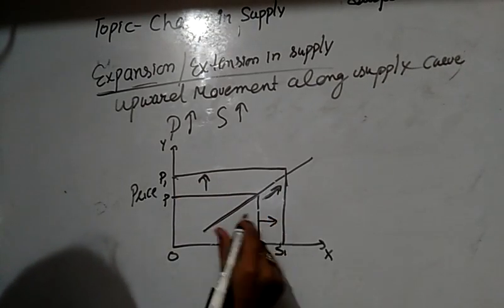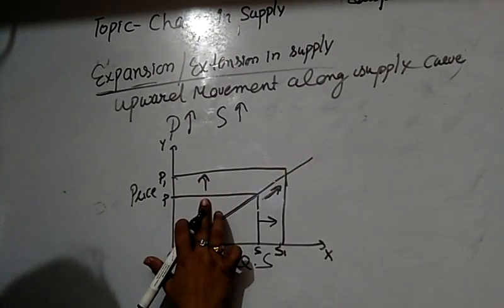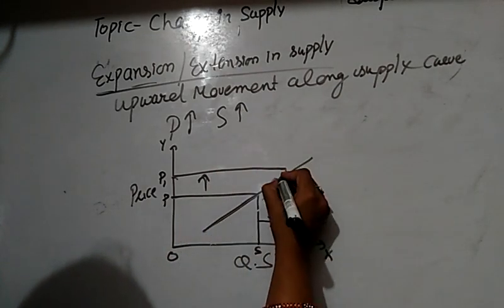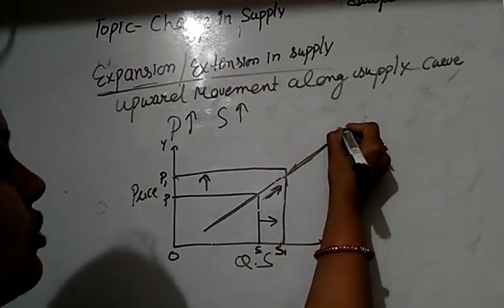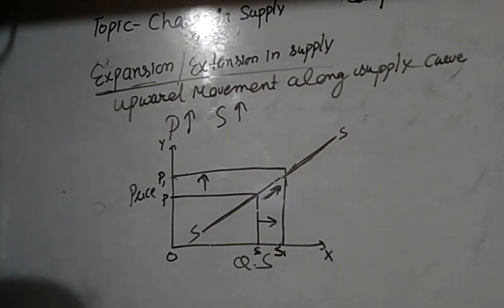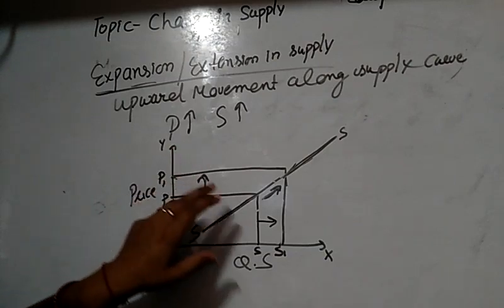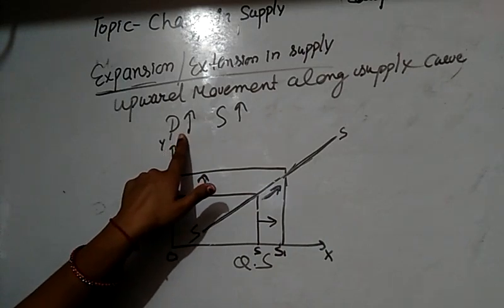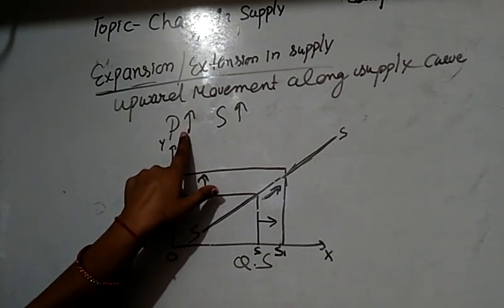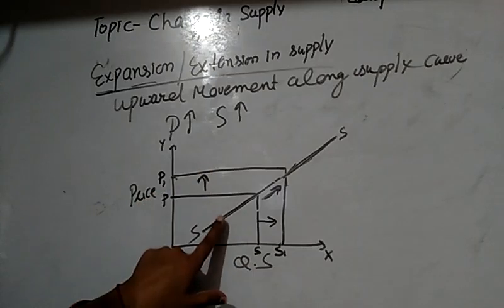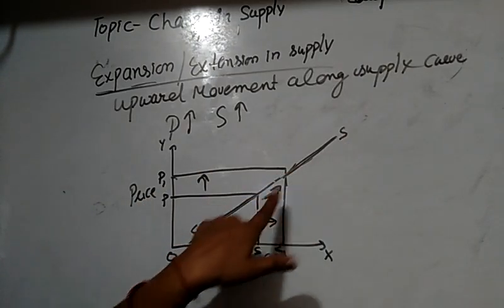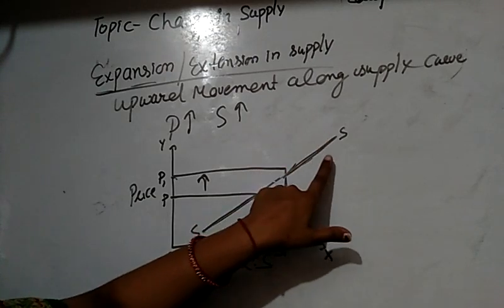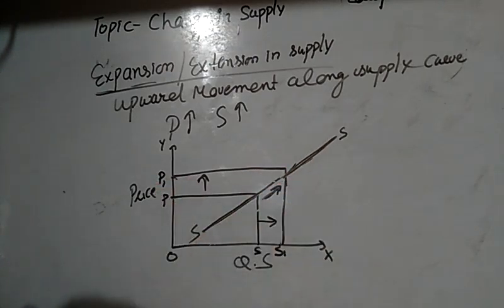These are the changes: price increases, supply increases, and this shows upward movement of supply curve. Upward movement of supply curve due to increase in price and supply is called extension or expansion in supply curve. Clear, students?